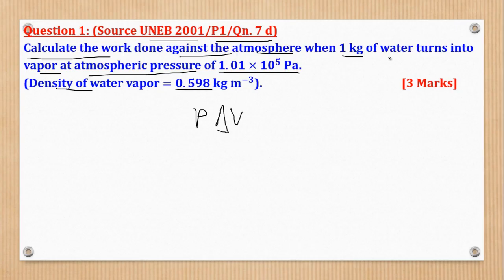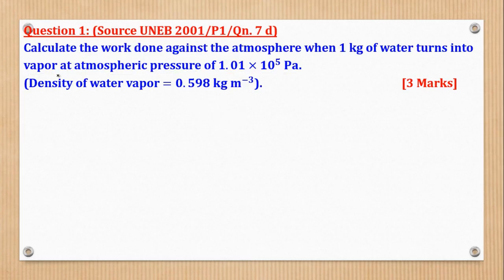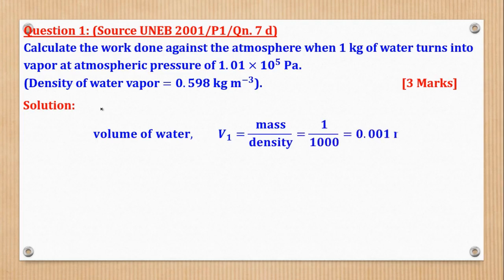They have told us that water turns into vapor, therefore we need to get the change in volume. The good thing is we have density and mass, and volume is mass over density. For water, mass is 1 kilogram and density is a constant, 1000 kilograms per meter cubed. So you come up with 0.001 meter cubed.